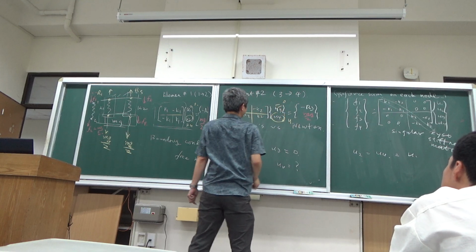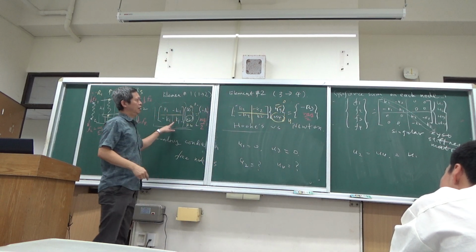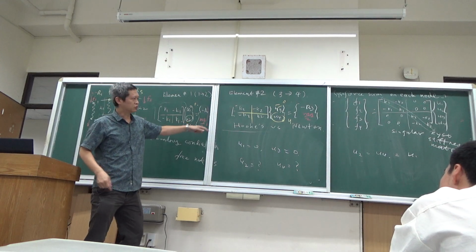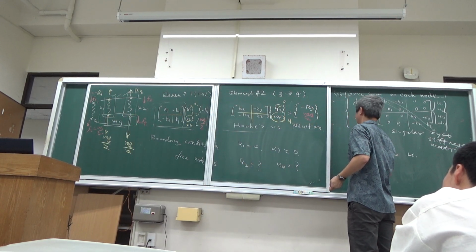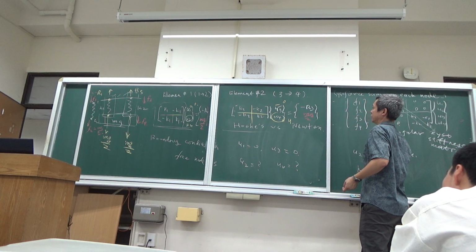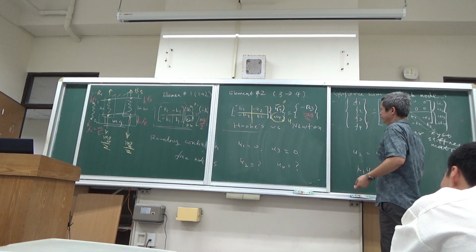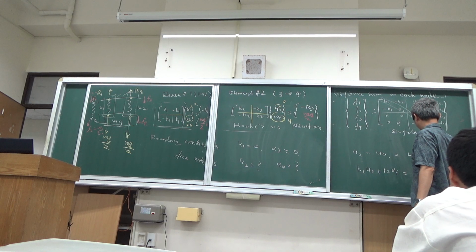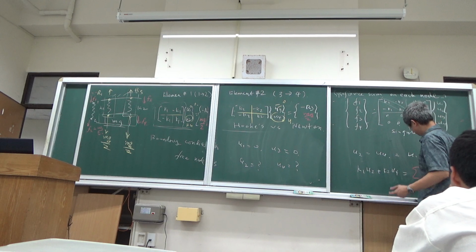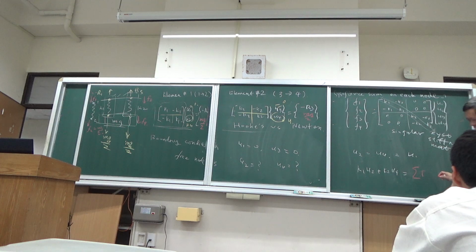If you now add the two equations together, then you have K1 U2 plus K2 U4 equal to the sum of the forces. But to be honest, you've got to write clearly. This is what you call a matrix operation.